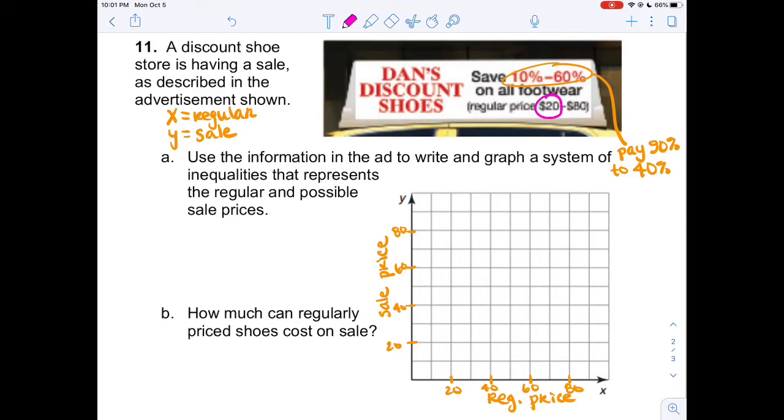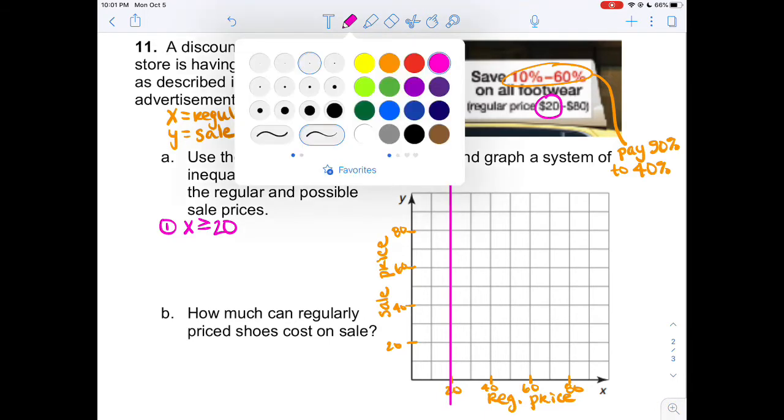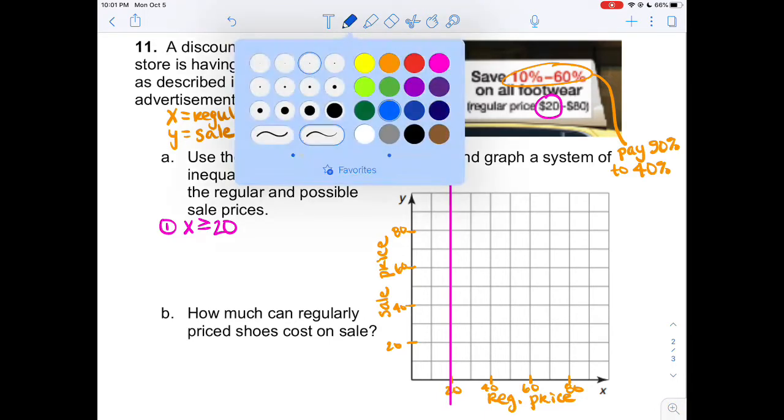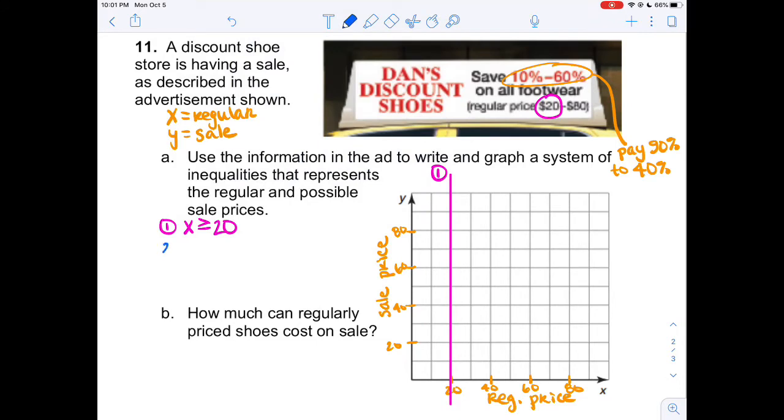So I can write my first equation and say that my regular price, X, is greater than or equal to 20. I'm going to have a solid line at 20. Vertical solid line, and this is inequality number 1. Inequality number 2, and I'll use blue for this one.